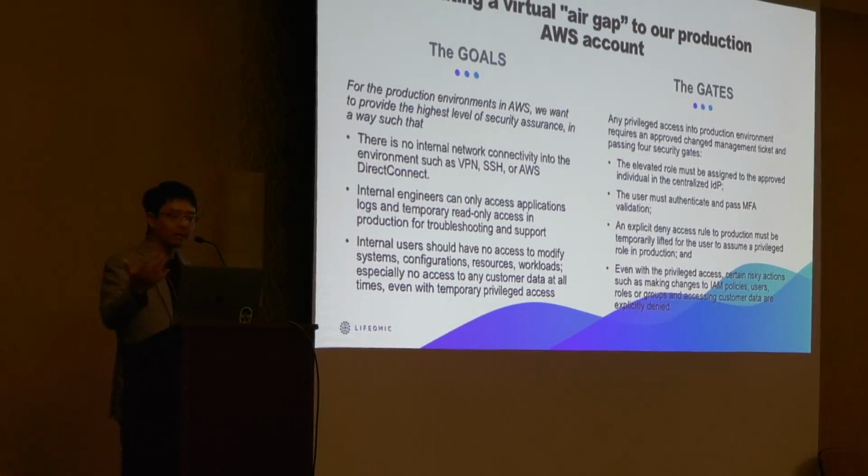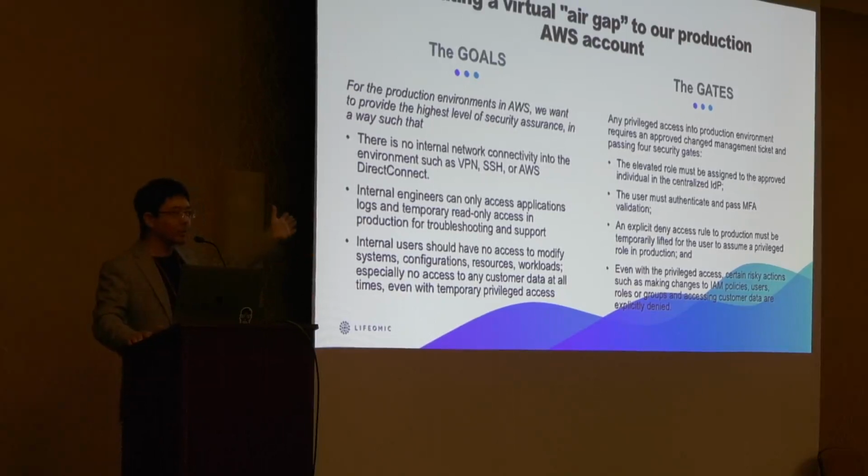And with emergency access, even with privileged access, we want to be able to ensure that there's no access to any customer data. This is what we promise and tell our customers: their data is always safe because even our internal folks don't have access to it.